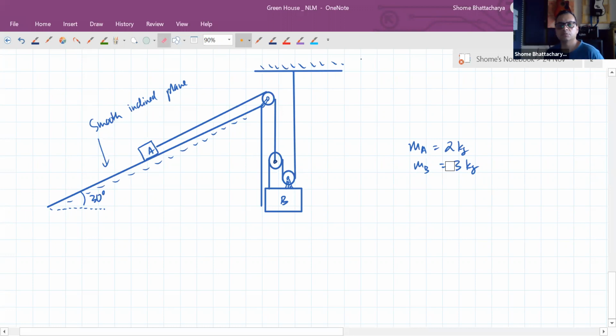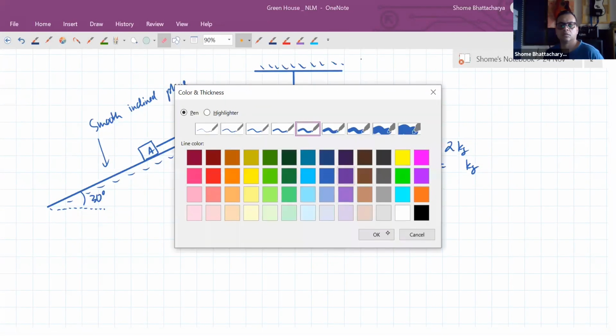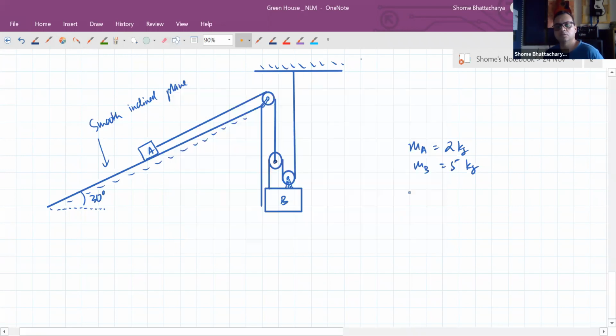Let's make the mass of B more. Let's make the mass of B 5 kilograms. So taking g as 10 meters per second square, find the acceleration of A and acceleration of B.